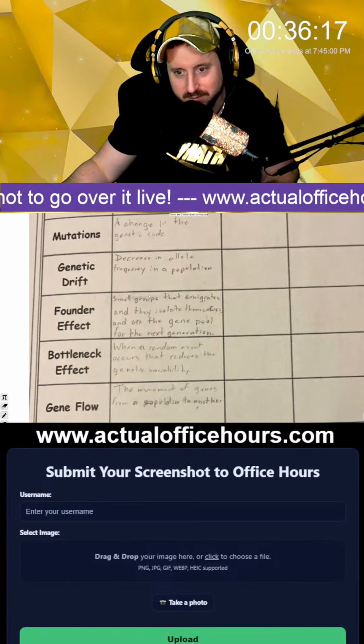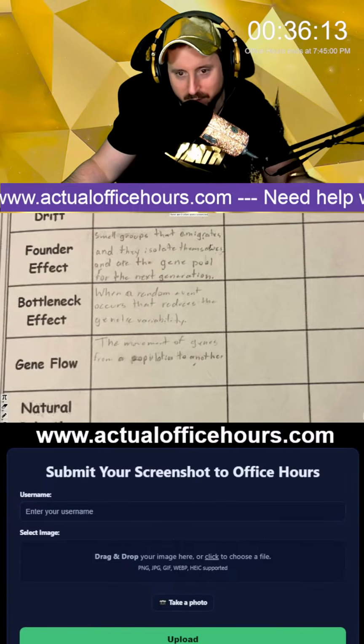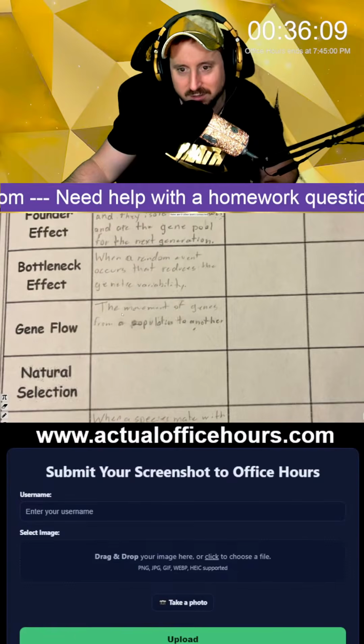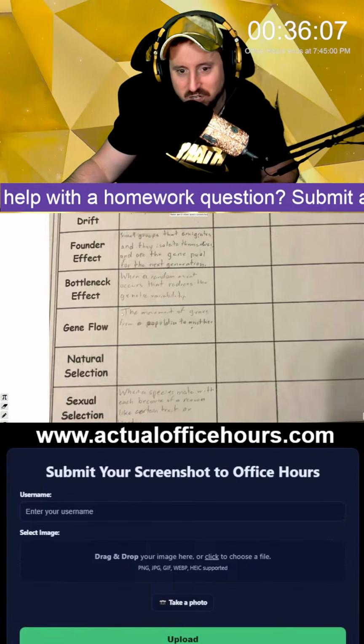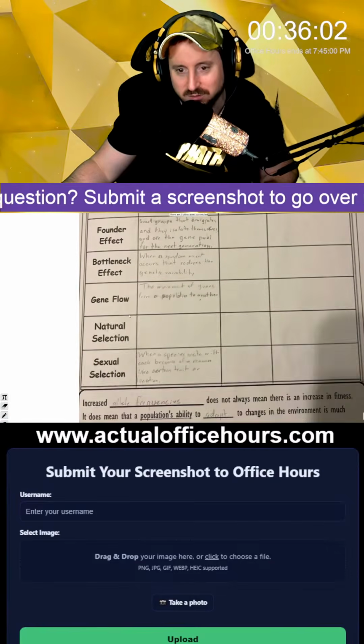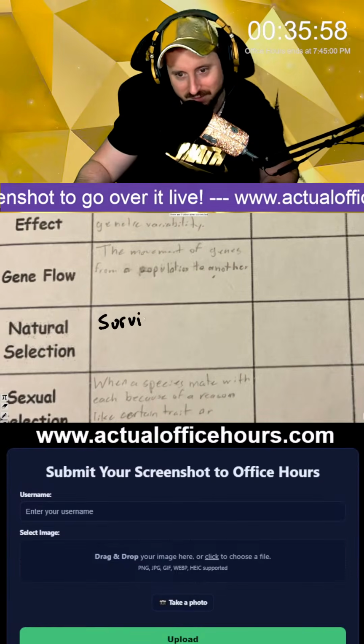Founder effect. Bottleneck effect? Is this what Alabama is? Oh, no, sorry. Gene flow. Natural selection. Ooh, natural selection is cool. This is survival of the fittest.